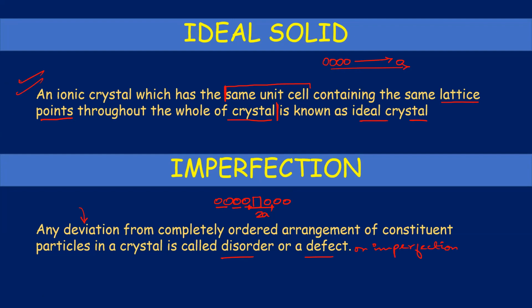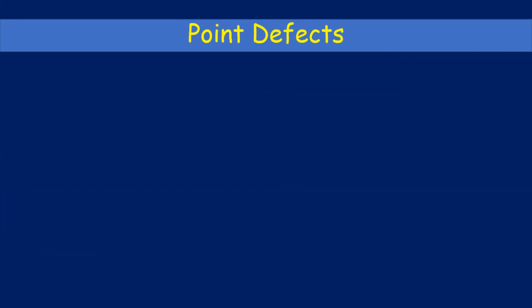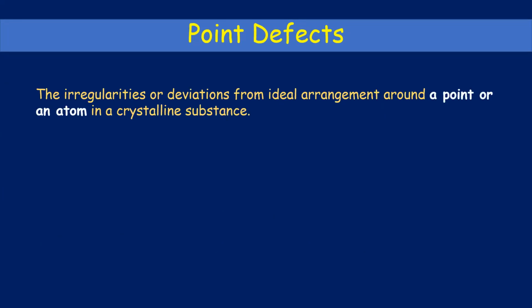Now, imperfection can be of 2 types. It can be a point defect, which happens only for 1 point, that means 1 atom. In a point defect, the deviation will be around a point or an atom, and a point and an atom mean the same thing in lattice crystals. Easy line to remember: a point defect has a deviation around a point or an atom.